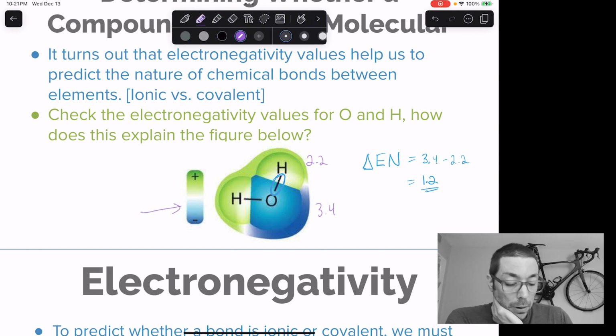So part of the water molecule is more positive and part of the water is more negative. So we can kind of understand why that is, because O is more electronegative. So it's actually pulling the electrons in that bond toward itself. And it's also pulling the two electrons in that bond toward itself, right?